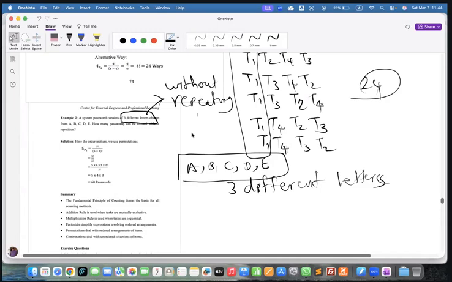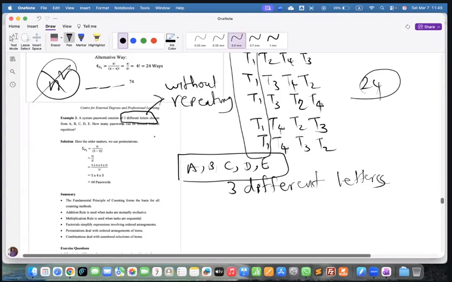So from 5 letters A to E, they are creating 3-letter passwords with different letters, in the sense that we are not utilizing the n to the power r equation. Why? When we use n to the power r, repetition is also possible; the same letter can be used again and again. But they clearly tell us to use 3 different letters.